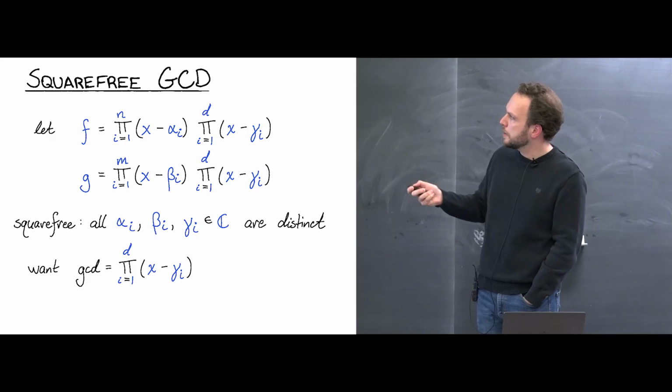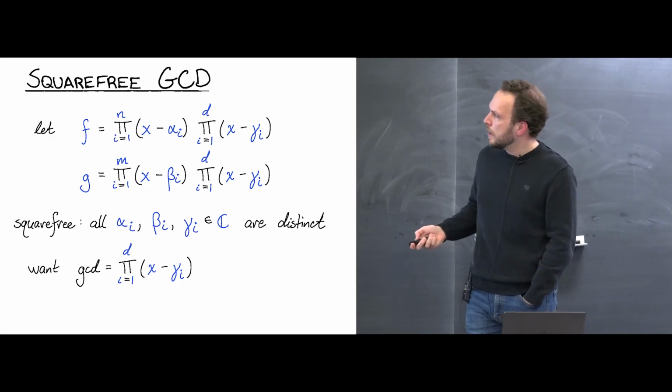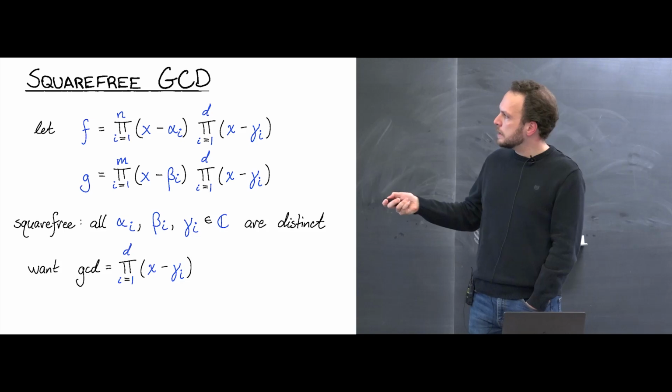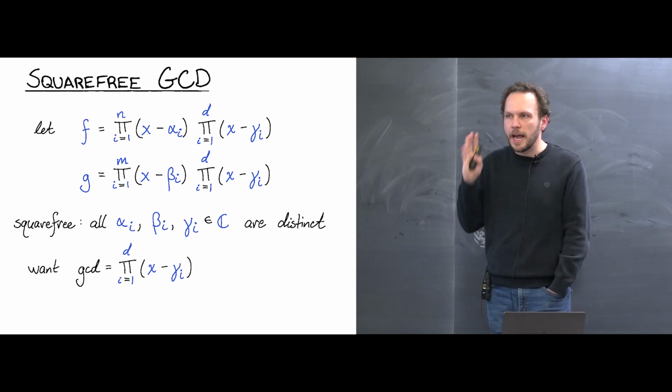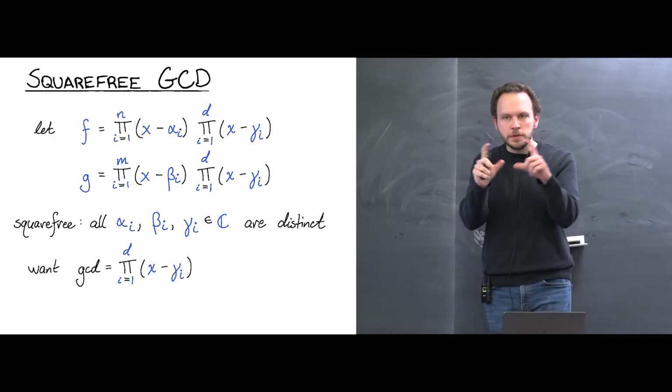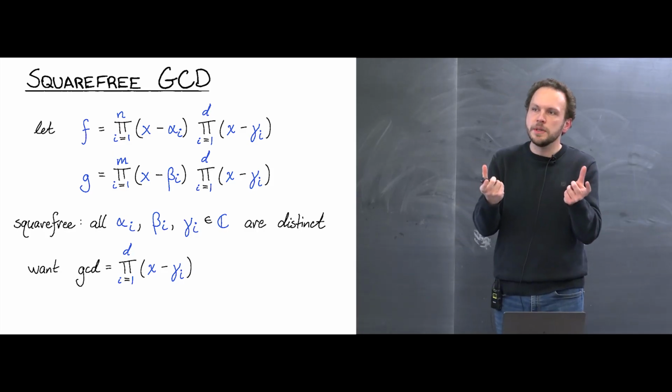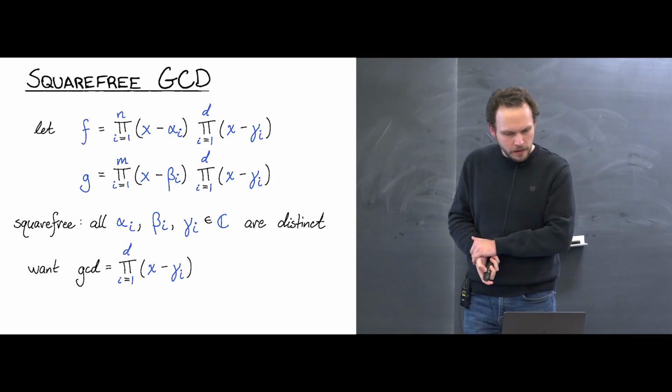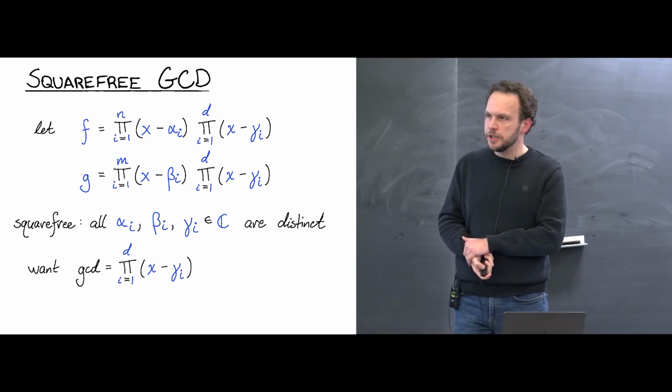The gammas are shared. The alphas and betas are separate. And when I say the word square-free, all I mean is that all these alphas, betas, and gammas are actually distinct numbers. There are no multiplicities here. If I'm writing two different symbols, I genuinely mean two different numbers. So what we want to do is compute the GCD.